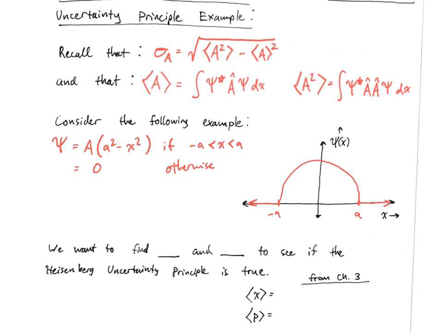All right, and in chapter 3, you'll find in the lecture notes, we actually normalized this particular wave function, and we found that A is equal to the square root of 15 over 16 little a to the 5th power.